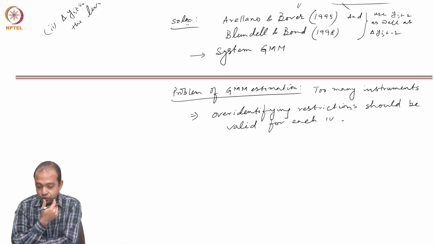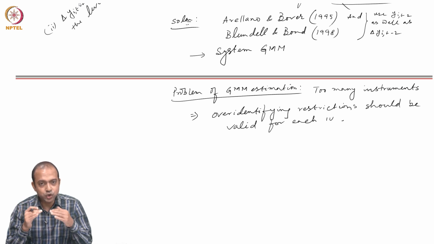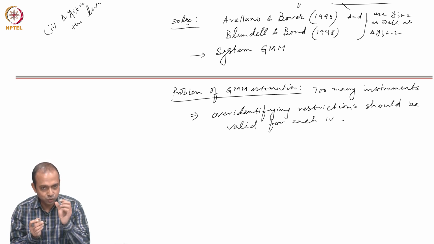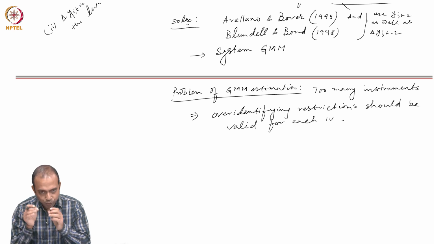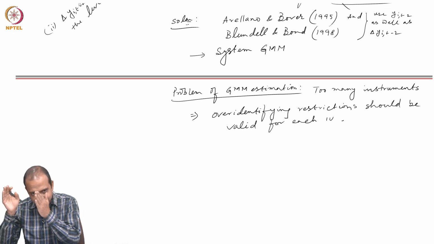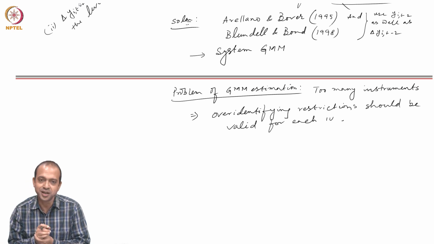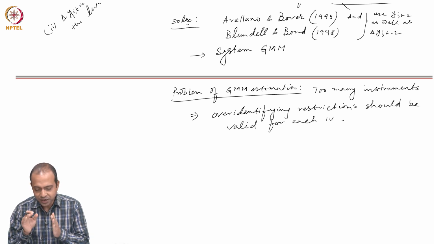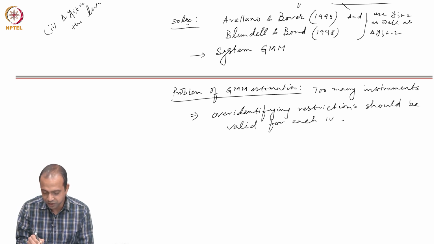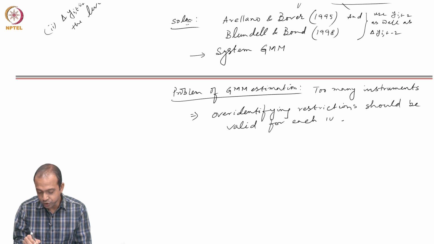That is the reason when we estimate the model, we can control the number of instruments to be used by using the collapse command or by specifying the lag length within the GMM style instrument, right. So, that is one thing we need to be careful about.